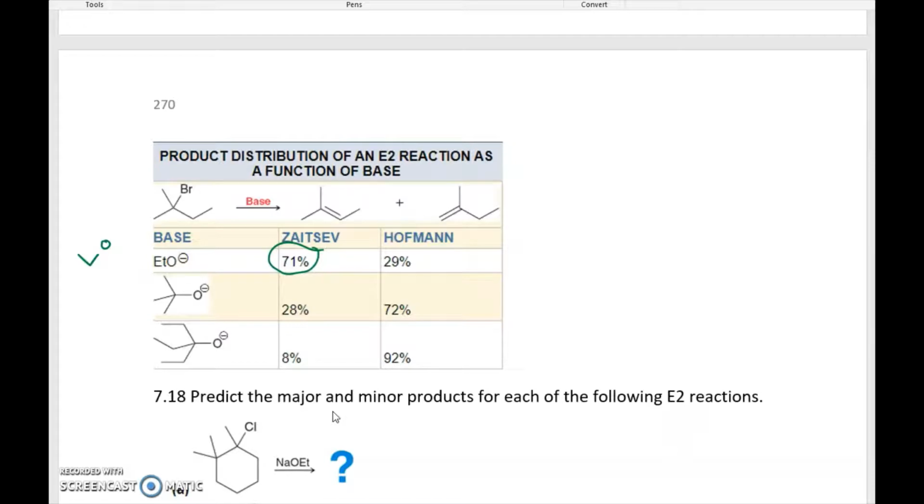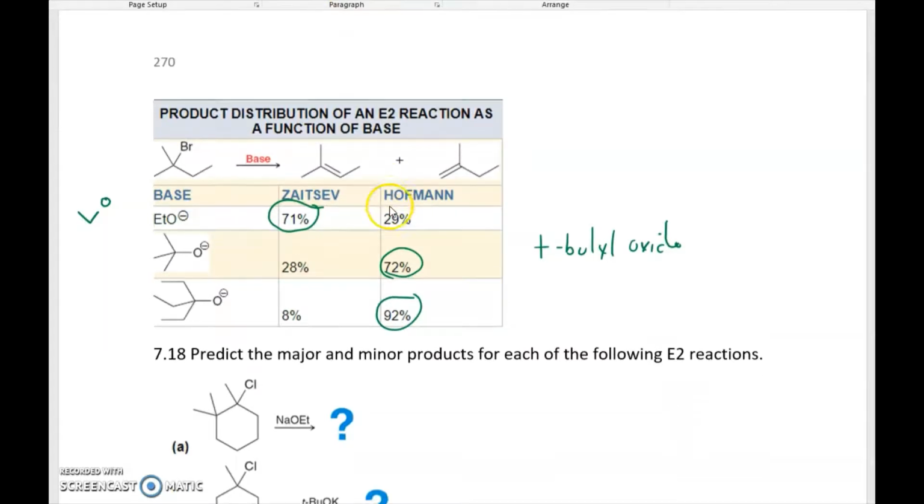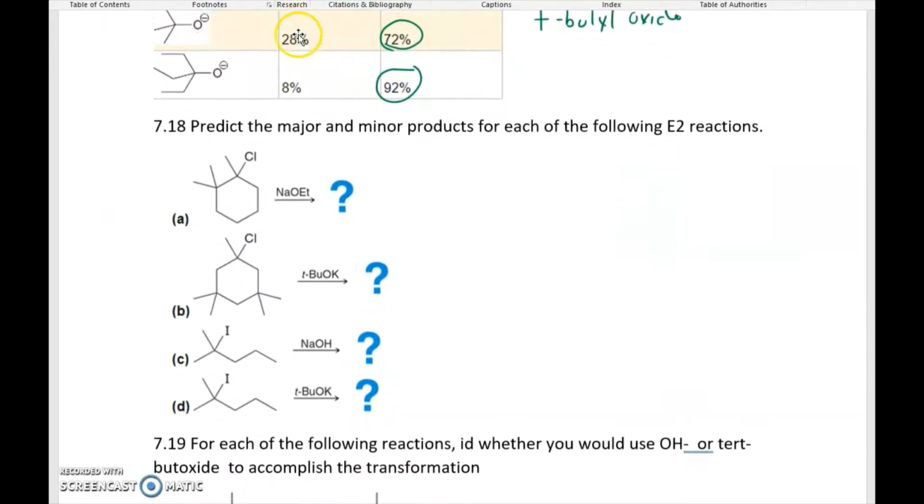If we have a sterically hindered base, and this would be something like the t-butoxide, we get more of the Hofmann product. And if we put even more bulky stuff around our base, we get almost all Hofmann. So let's look at these reactions and predict the major and minor products.